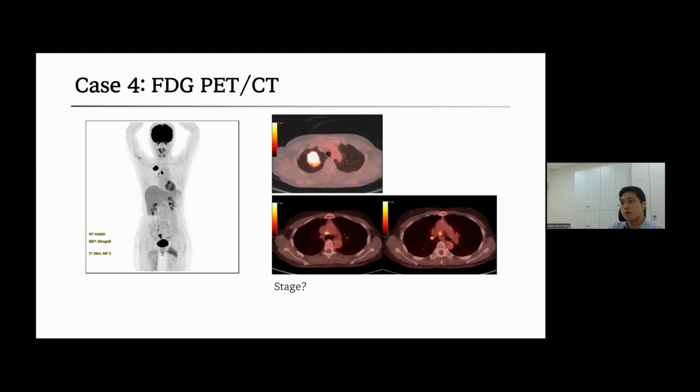The primary tumor is a 3.5 centimeter size hypermetabolic mass in the right upper apex without invasion to adjacent structures. Hypermetabolic lymph nodes are observed in stations 11R, 10R, and even in 4R.